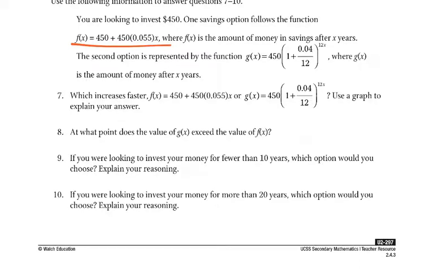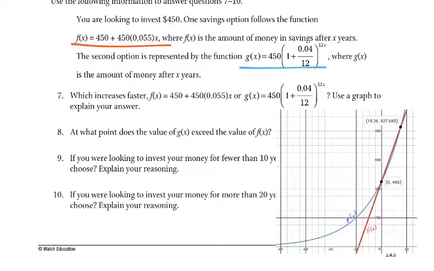So again, we've got a linear here, and we've got an exponential right there. Okay, so which one's going to increase faster? It's always going to be that exponential, okay, because we're multiplying. Multiplying always outdoes adding, okay, but let's take a look at a graph again.